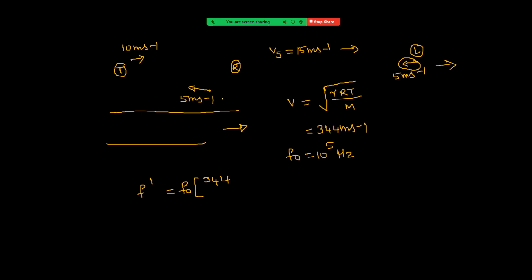Therefore, we have to write here minus 5, divided by 344. You can see the source is moving with a velocity of 15 meter per second towards the listener, so I am writing here minus 15.